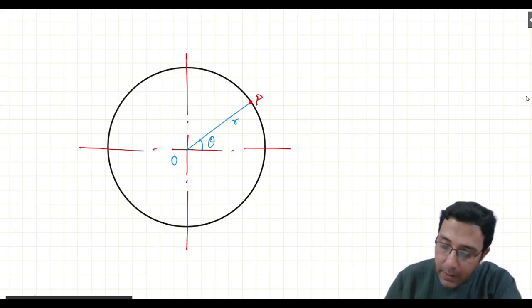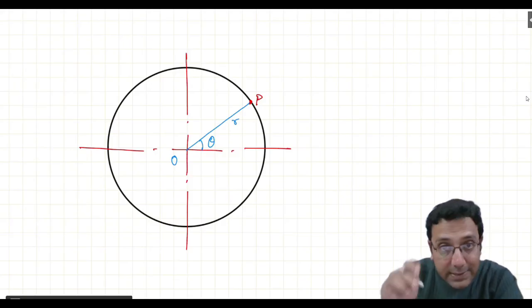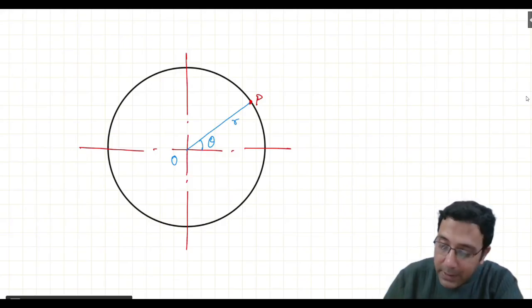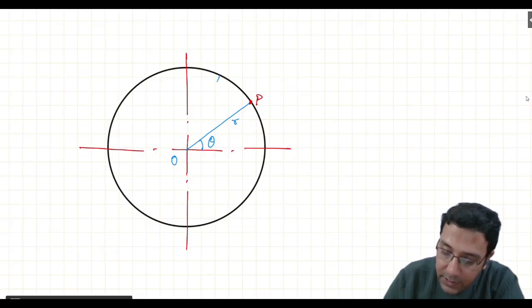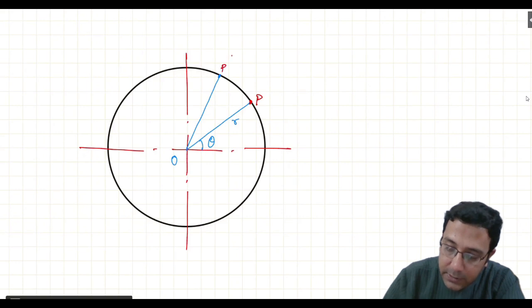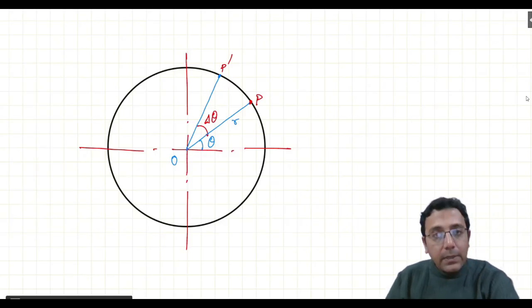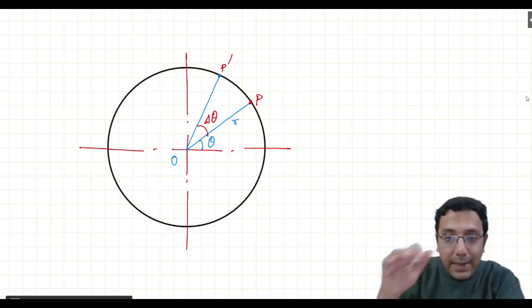So the present position of the body is at P, which is at an angle of theta from the horizontal axis. Now the body is traversing a path in the circular orbit and it has reached a new position which I am marking as P dash. The angle traveled, let it be delta theta. That is the incremental angle that it has traveled.